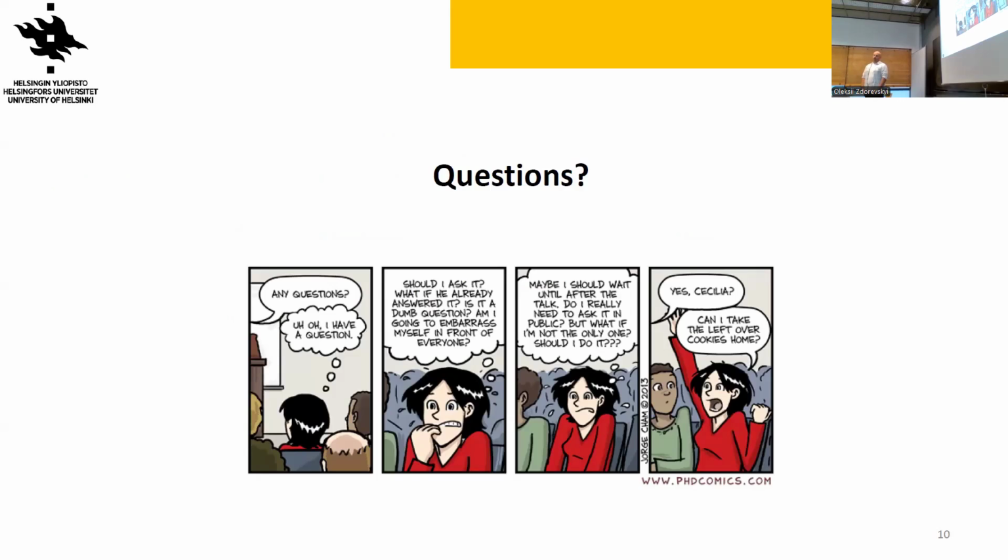When you find this person, you send an email asking if they have time and a topic for you. If they agree, you agree on a specific topic, and then you start working with them and write your thesis. That's it. If you have any questions, I'm willing to answer them.